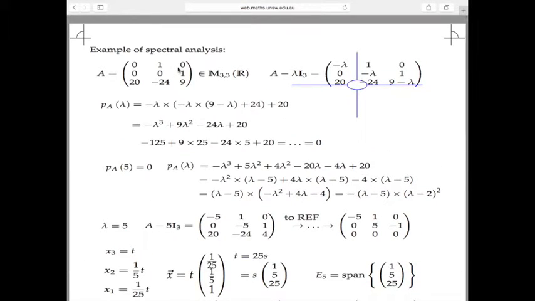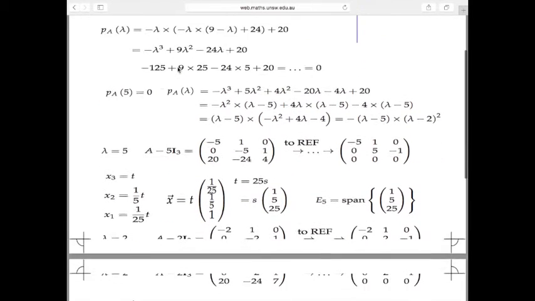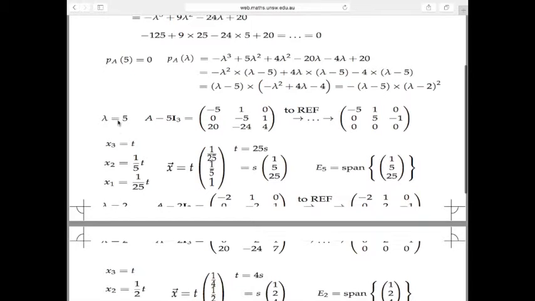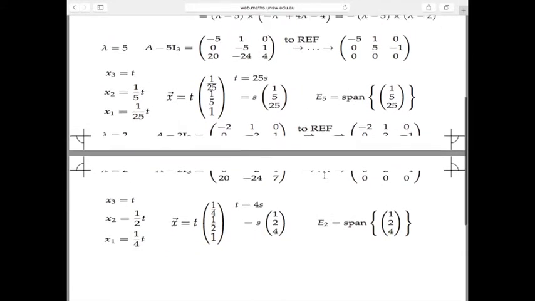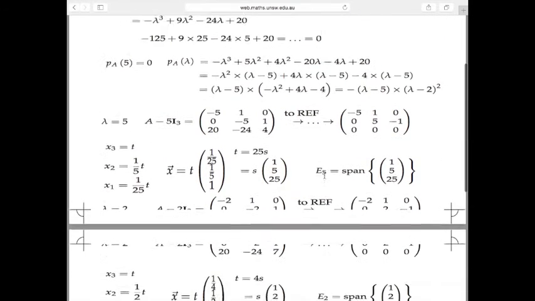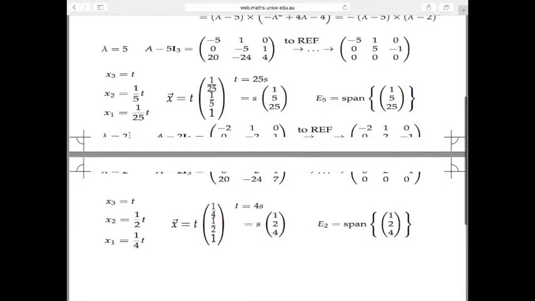For this one, we found all of the eigenvalues and all of the eigenvectors. Look down here. There was a value 5 on lecture 18. And for that value, we had only one eigenvector, 1, 5, 25. See, right here. And there was another value, if I remember correctly. Yeah, well, it just cut across the pages here, but it's 2 right here.